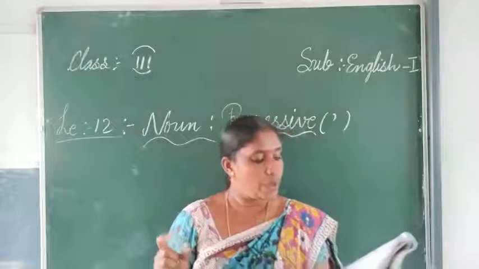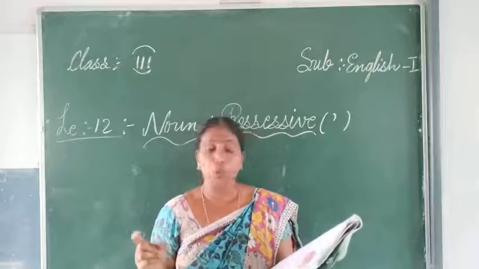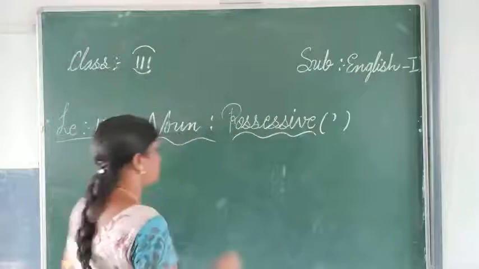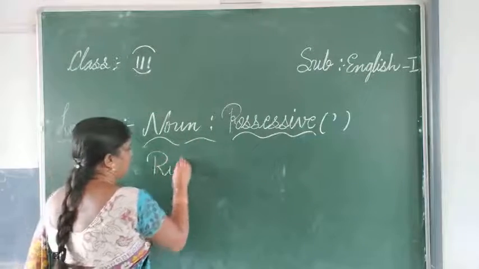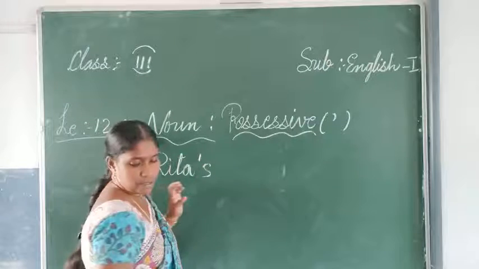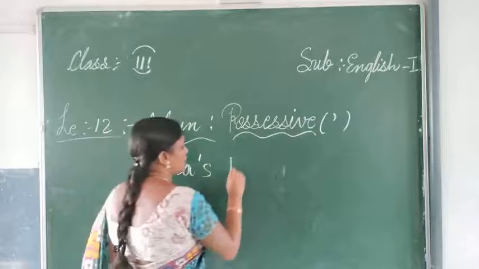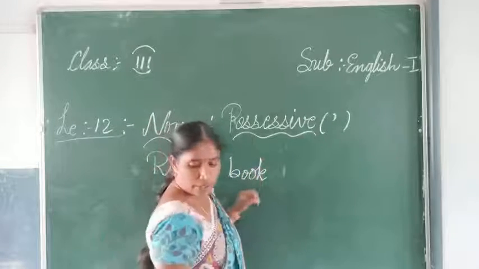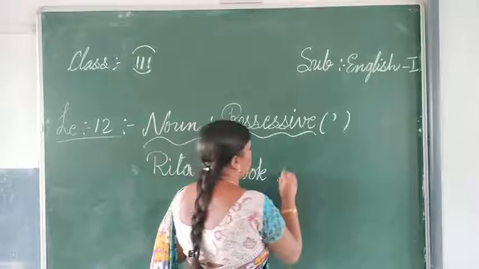How do we know that all these things belong to Rita? How did we come to know this in so many sentences? What are the sentences they have given? Rita's, what is it? Rita's book is on the table.